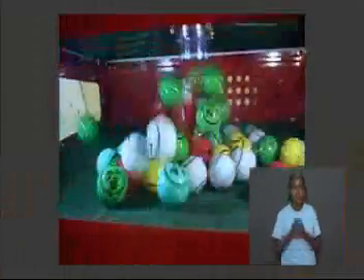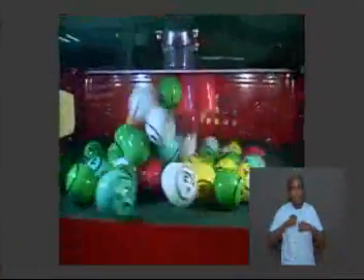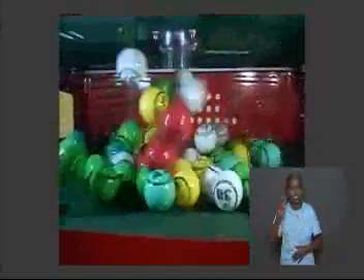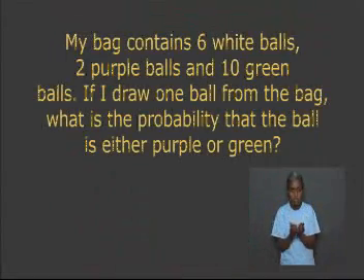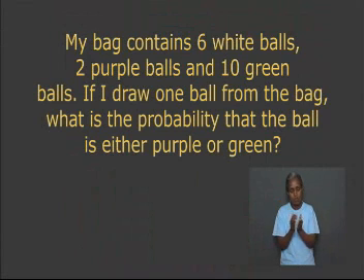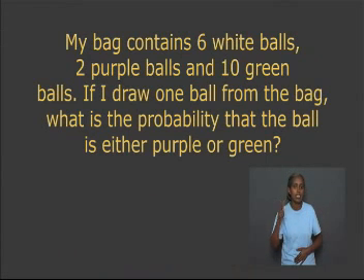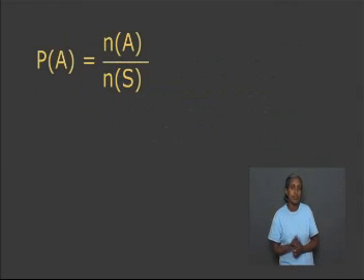Let us say I have a bag that contains 6 white balls, 2 purple balls, and 10 green balls. If I draw 1 ball from the bag, what is the probability that the ball is either purple or green? We know there are a total of 18 balls in the bag.